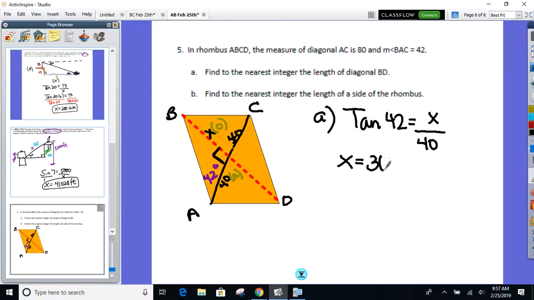And notice what I'm not doing to this one. 36.0161617. And then what do you have to do to find the diagonal? Take that part, and because it's getting bisected, multiply it by 2.